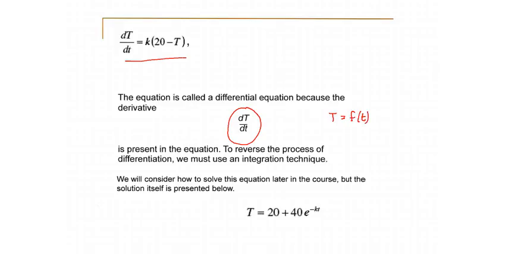Going from an equation with a derivative to an equation with no derivative means in effect we're doing integration, an integration technique to get from an equation with the derivative to an equation with just variables. It turns out that the solution for the above equation can be given as this term here, and later on we're going to derive or prove it.